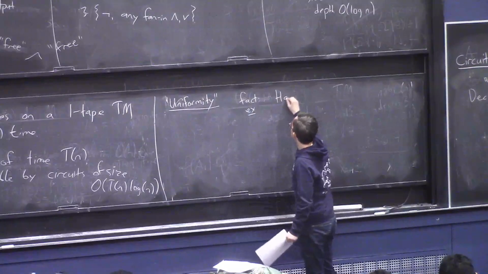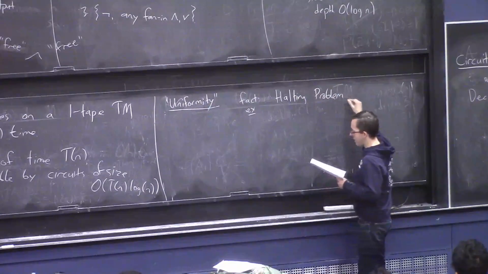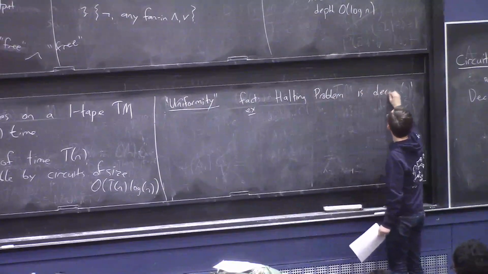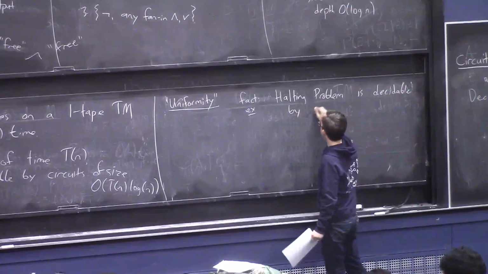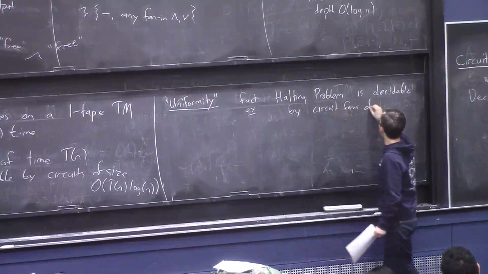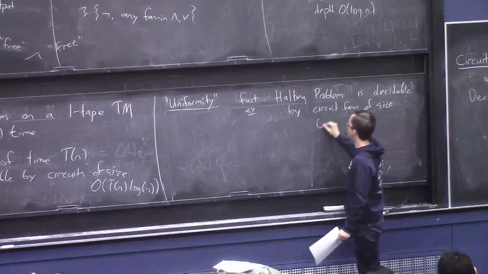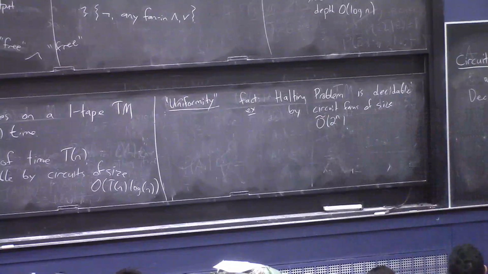The halting problem is decidable by circuit families of size, I don't know, O tilde of 2^n. And that's unsatisfactory when you remember that Turing proved that the halting problem is undecidable. It's kind of disturbing to think that there's a family of circuits that decides it.